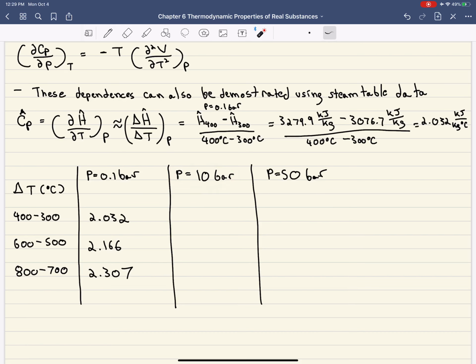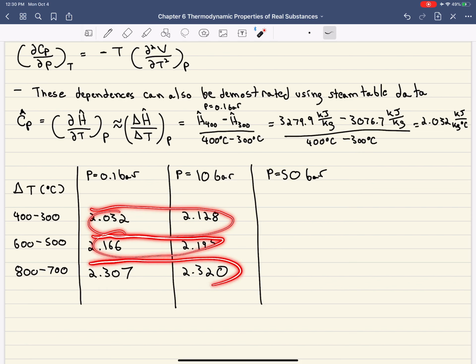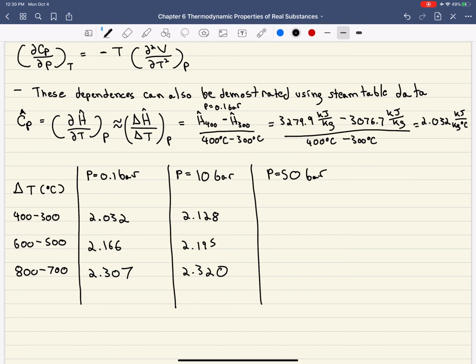What I want to do now is bump up the pressure to 10 bar. Okay? And if we do this calculation, we see that our CP not only increases as we increase temperature, but if we compare across pressures, we also see that the numbers are slightly different, right? And they actually increase as we increase the pressure. All right, so we went from 0.1 bar to 10 bar. Let's now go from 10 bar to 50 bar.